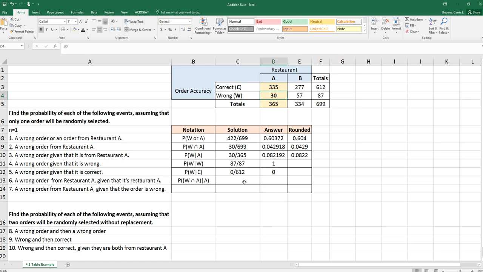We've seen that one before. So actually a simpler way of saying that is wrong given A. This one is a shorter way of saying this. They mean the same thing, and you get the same answer. Okay.